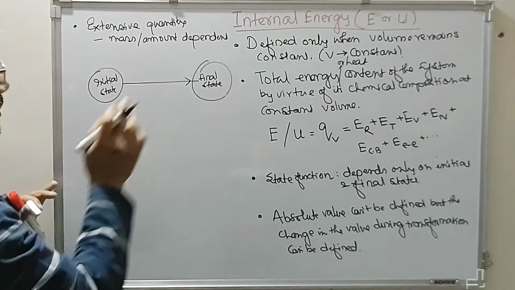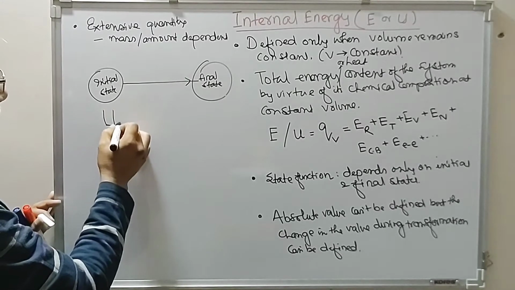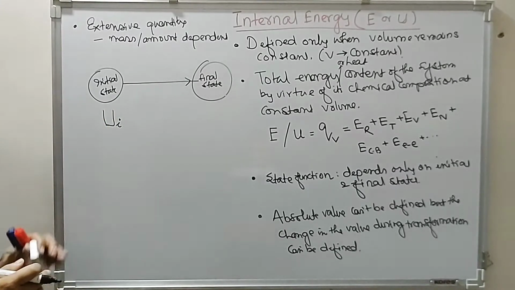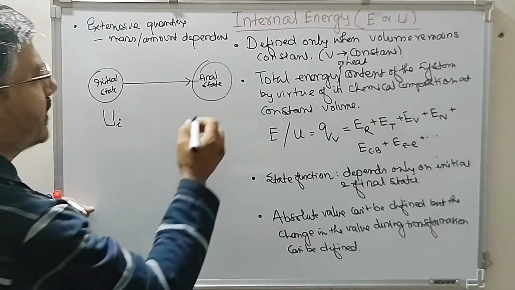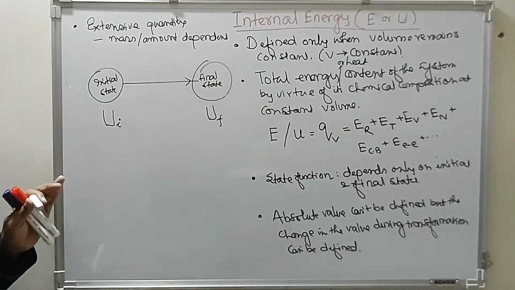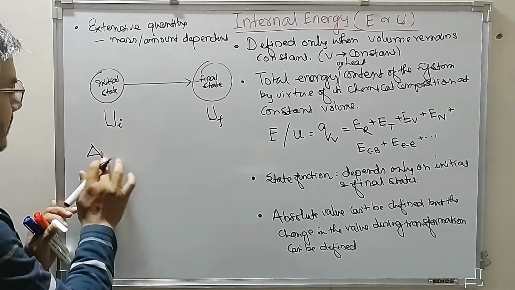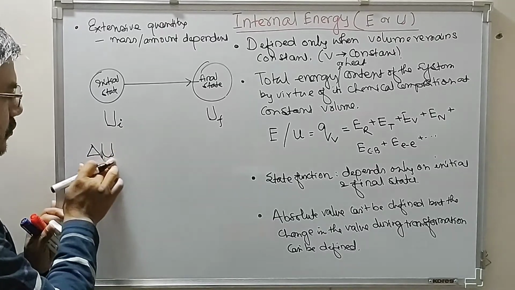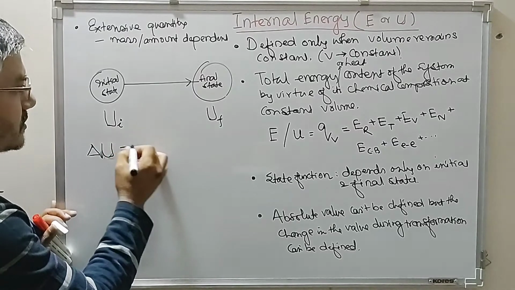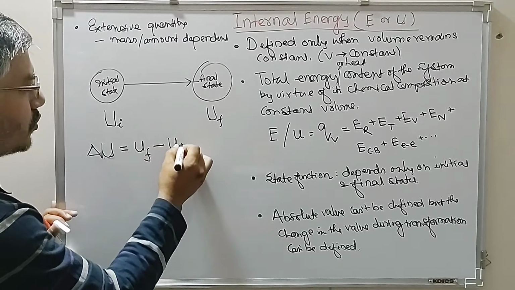If the initial value of internal energy is Ui, and the final value of internal energy is Uf, therefore the change in the internal energy, delta U, during the course of transformation, equals Uf minus Ui.